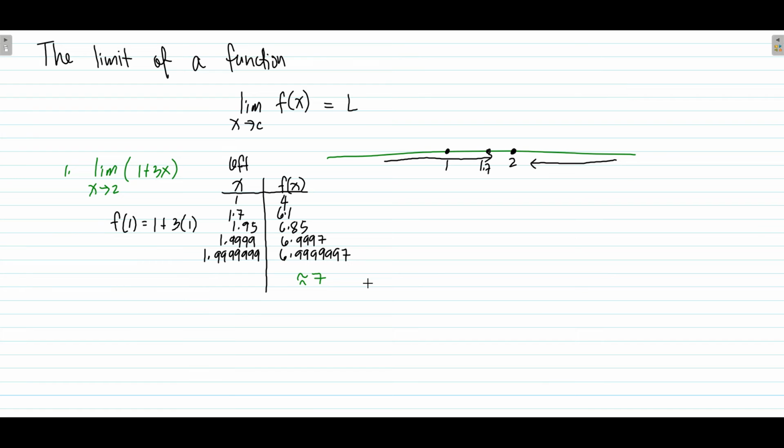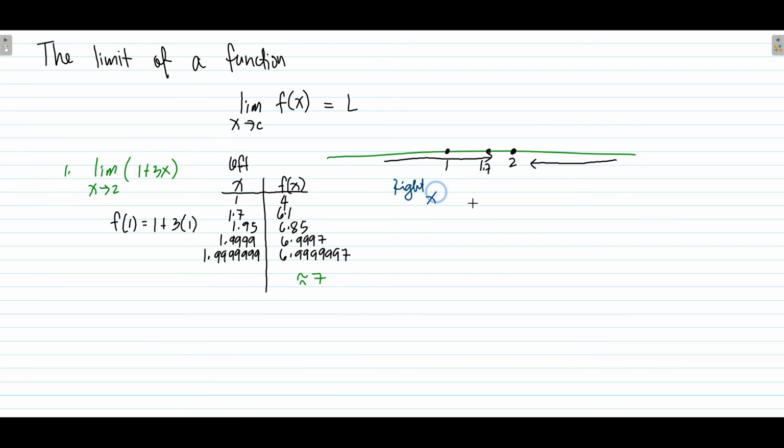Eh paano naman pag galing tayo sa right? Coming from the right, ito yung right natin. So mga values ng number line na galing sa right. So mga mas mataas kesa sa 2. So we may start with 3.